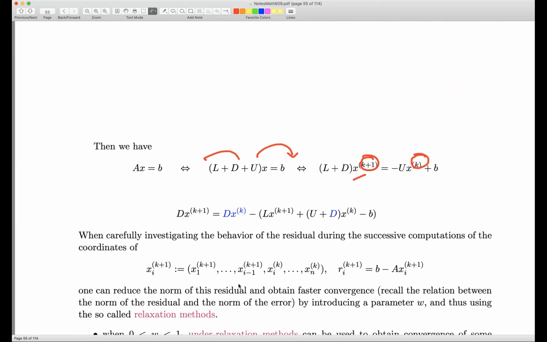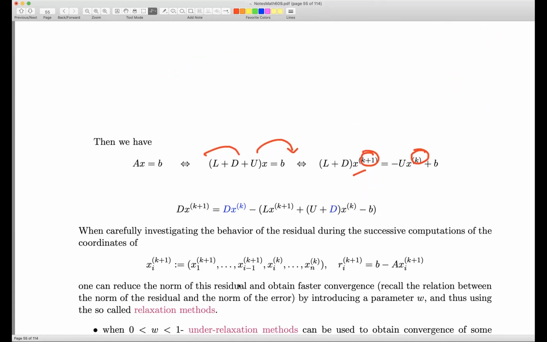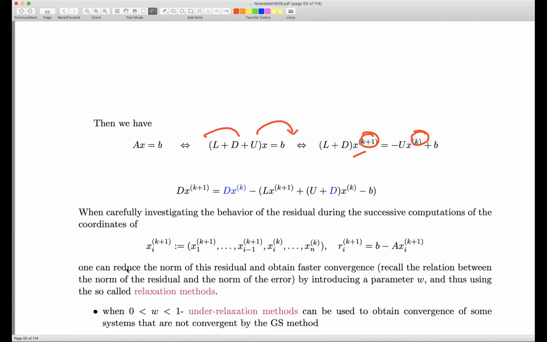Now, what we do here may sound artificial, but I will return to it.